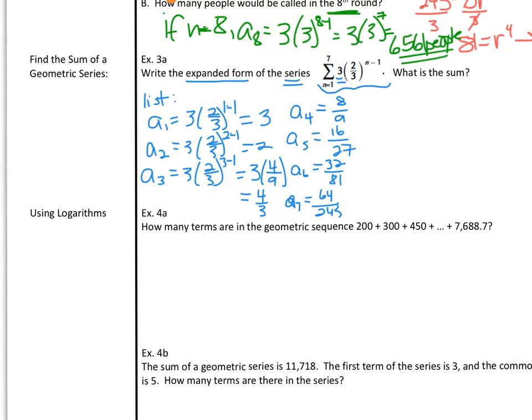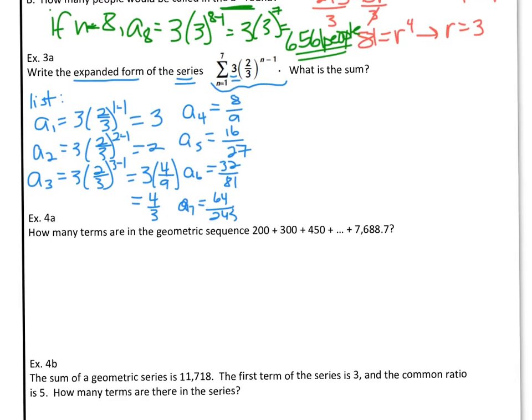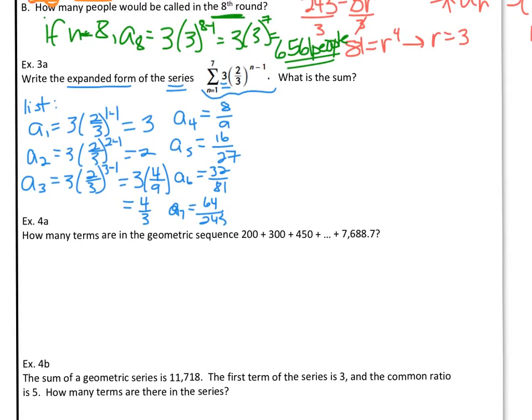Now that's just listing the terms. What we need to do from here is write the expanded form, and I am totally out of space, so hopefully you'll have some room to write here. The expanded form is simply when you write them out with plus signs in between. 3 plus 2 plus 4/3, and so on. 8/9, 16/27, 32/81, whoa boy, and 64 over 243.